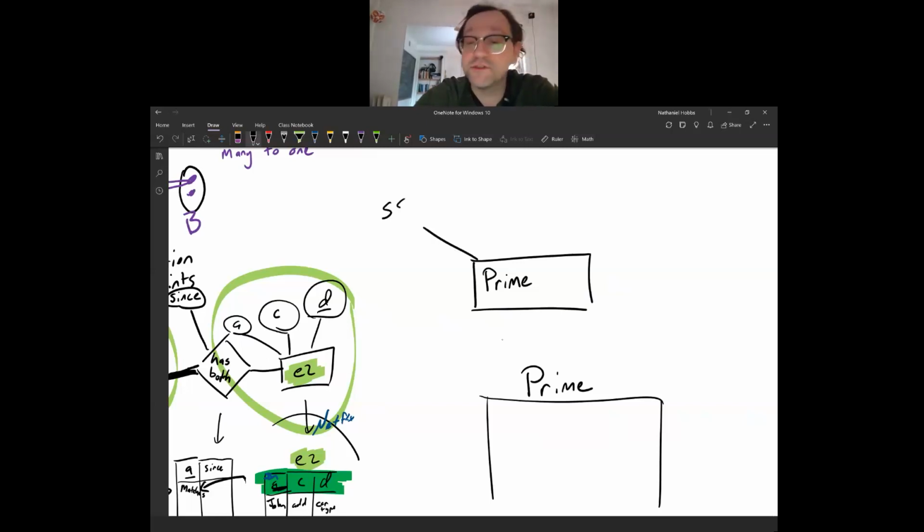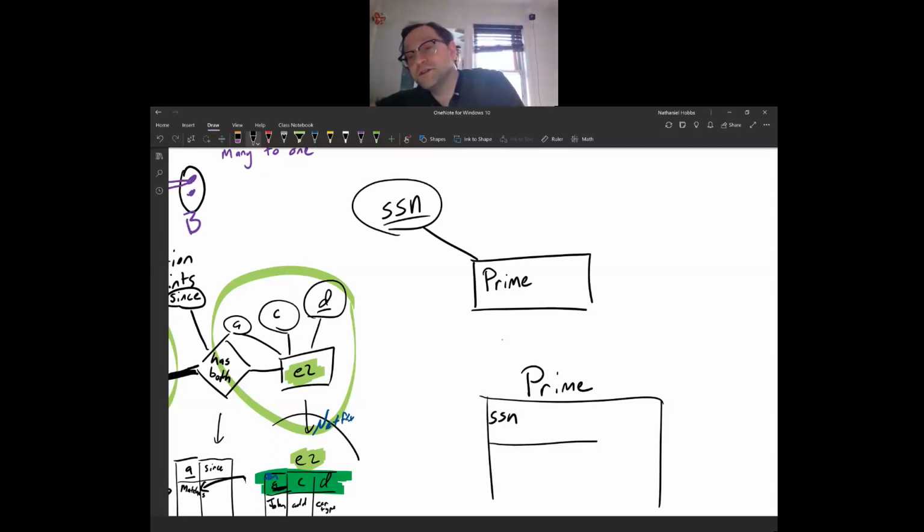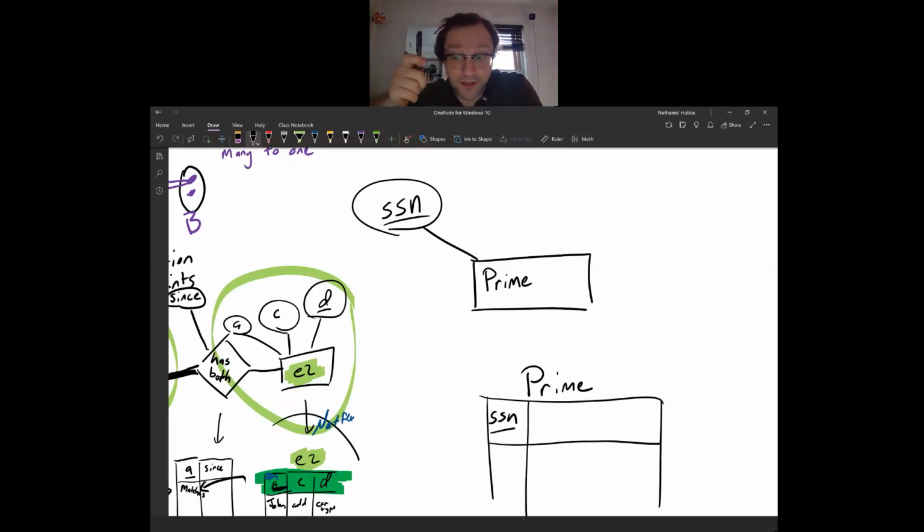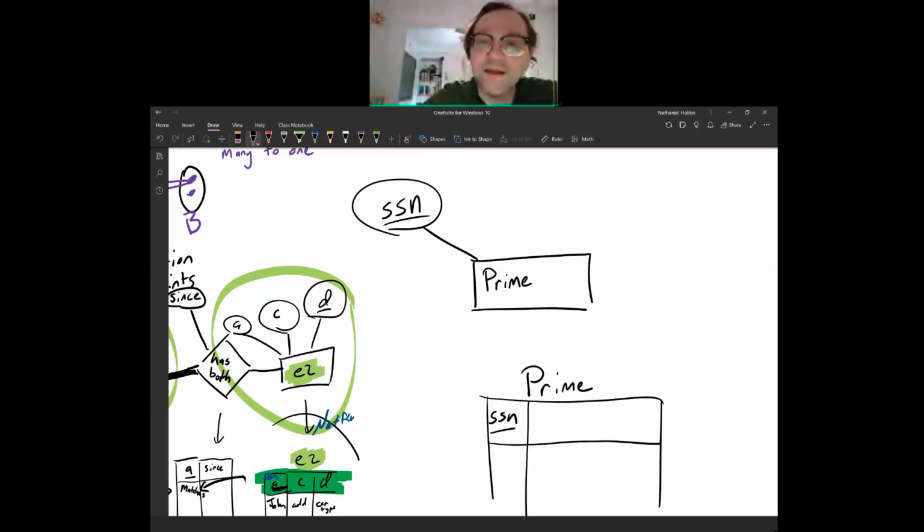Because we're living in a dystopia, they know your social security number. And so therefore, there's going to be a column, social security number, and I'm underlining it, which means that it's unique. No two entries with the same social security number. That's not allowed.